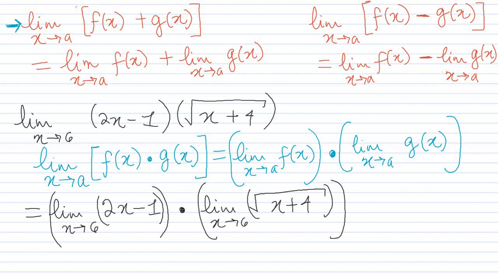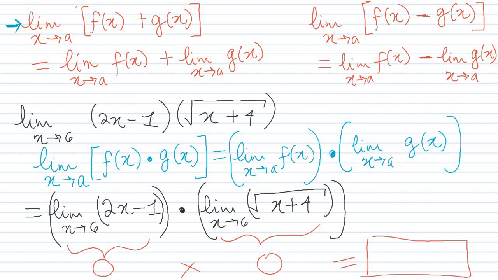Now what you have to do is first find the limit of 2x minus 1 as x goes to 6, multiplied by the limit of the square root of x plus 4 as x goes to 6. Whatever these answers are, just multiply them together and you're going to get the final answer for the question we were first given.